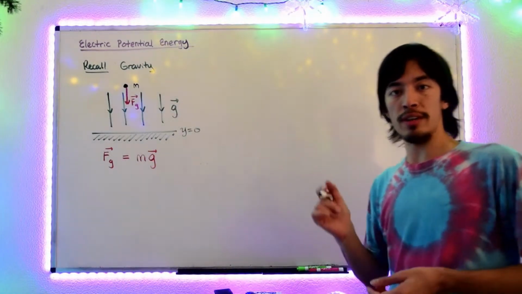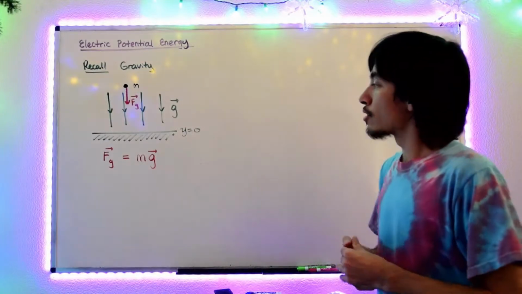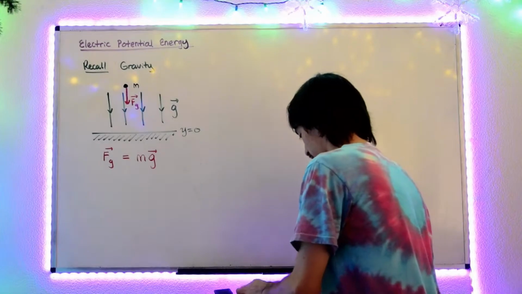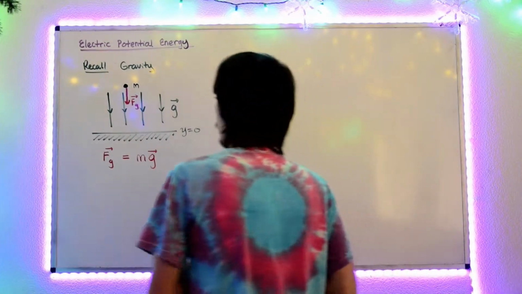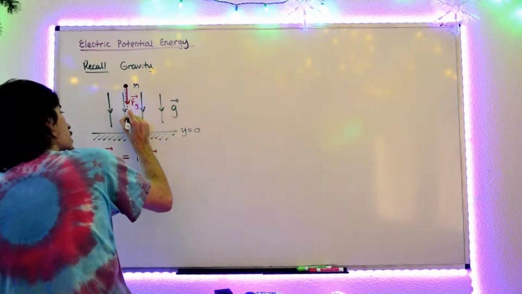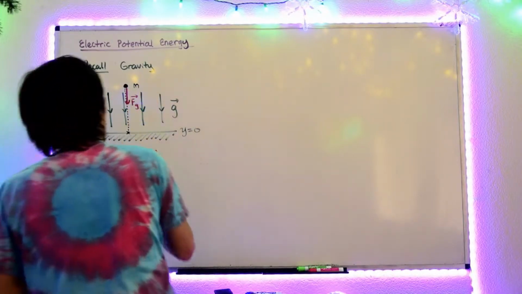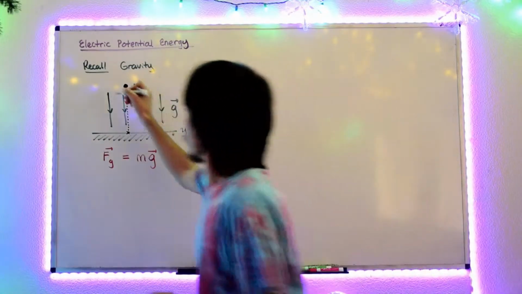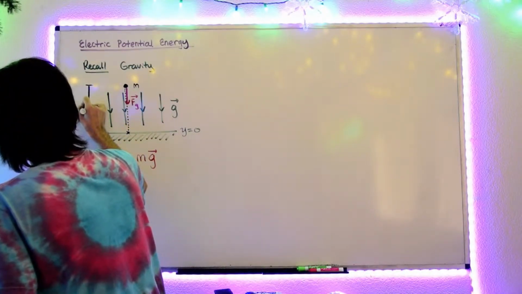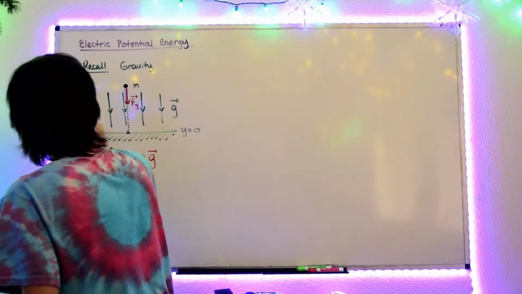This is also known as the weight of the object. So we have a force acting on a mass and it pulls it down through some distance. So let's say we go through some distance all the way until we get to the ground. Let's call this distance delta y, or h.